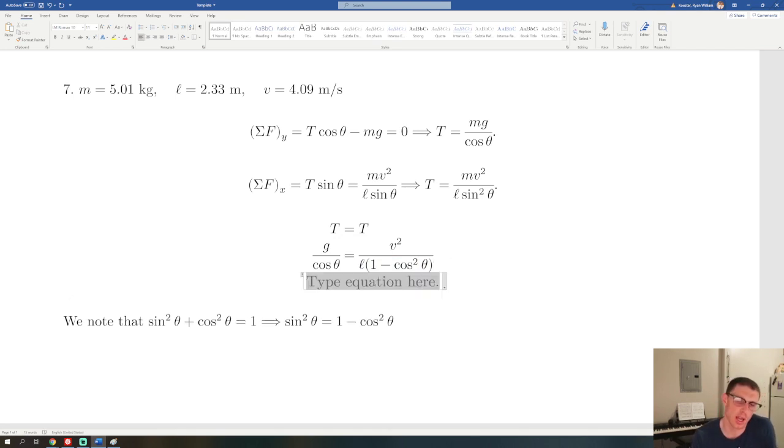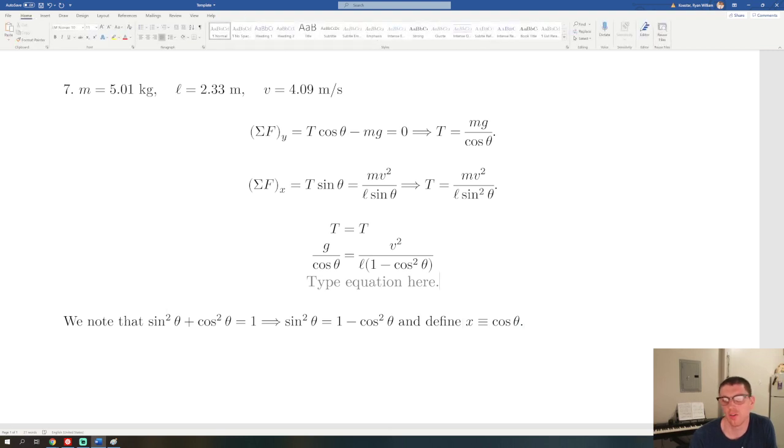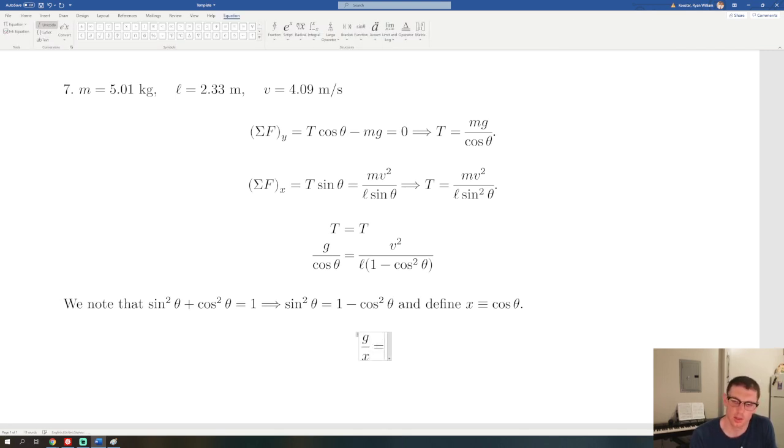If we define x, let me put this in words, then what we find is that g over x equals v squared over L times 1 minus x squared.